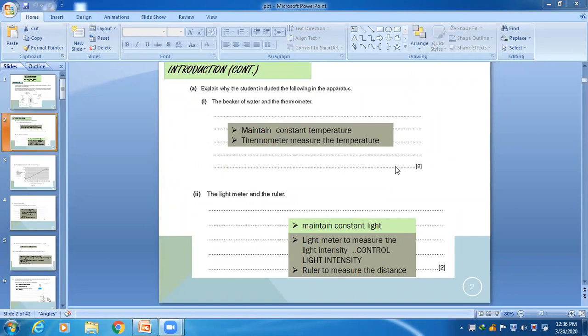It's blurred. You can see it, but it's blurred.